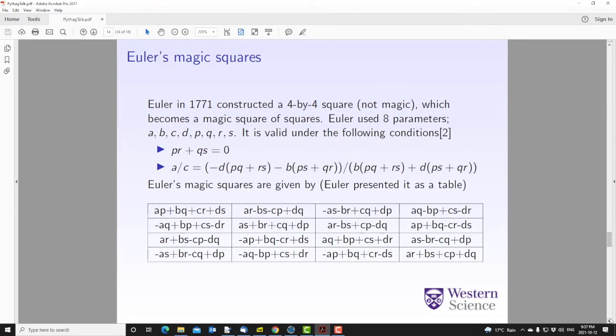So, in other words, you start off with a 4x4 array of numbers, then you square every element in the array, and that becomes a magic square. Here was his parametric description of such a 4x4 array. He presented this as a table. He didn't have the language of matrices in that day, so we have also written it as a table, reproducing the way it looked in his original paper.